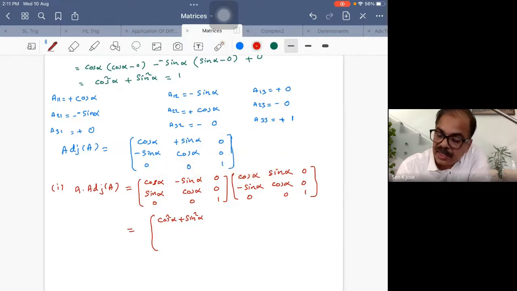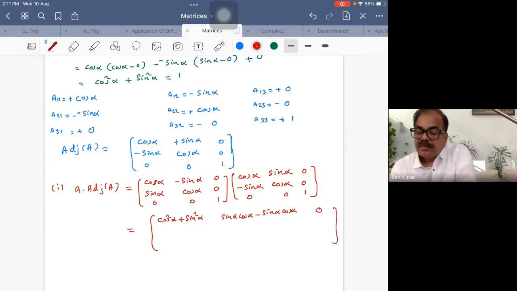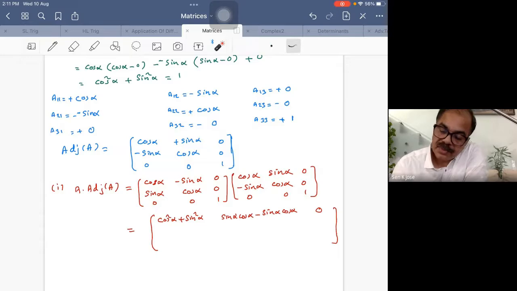So I get sine alpha cos alpha minus sine alpha cos alpha. And the last one, cos alpha into 0, sine alpha into 0, 0 into 1. So that's all 0. By the way, this will get cancelled and give me 0 as well, and this will become 1.